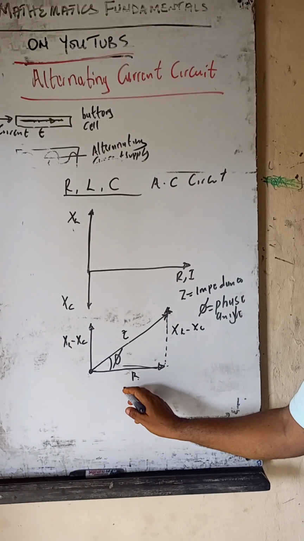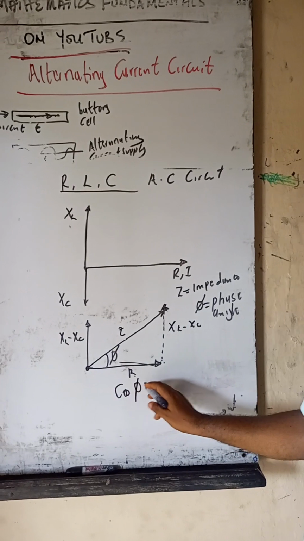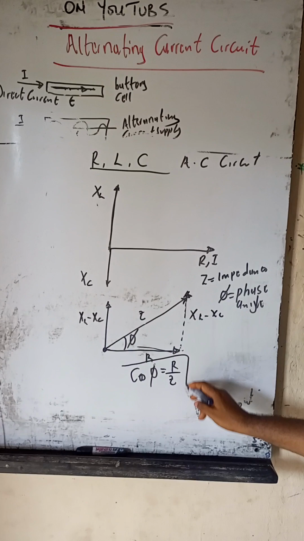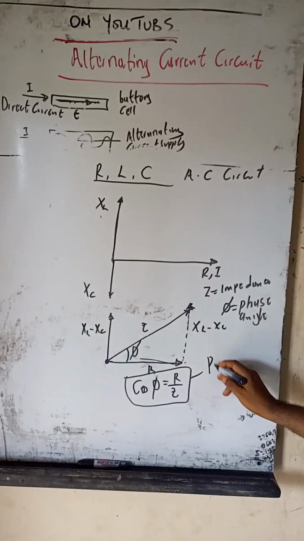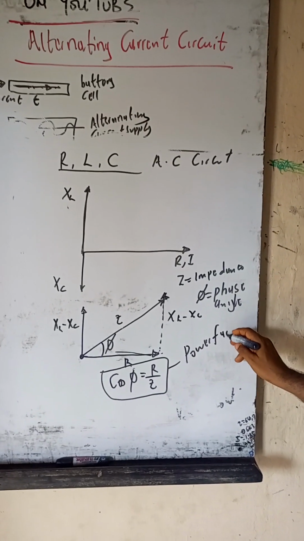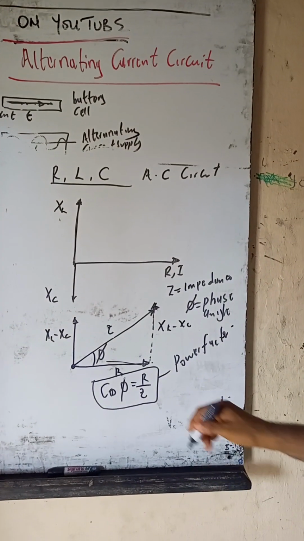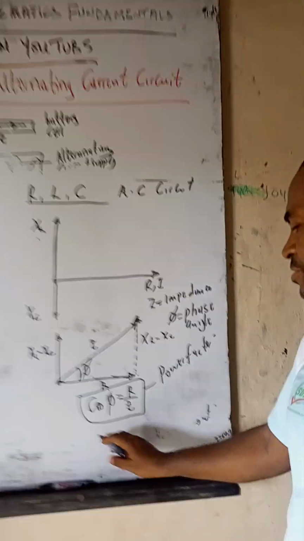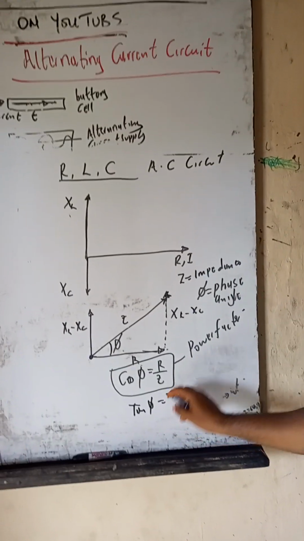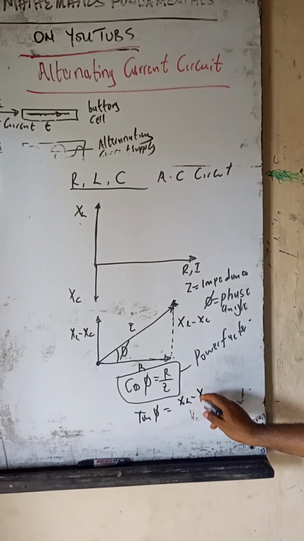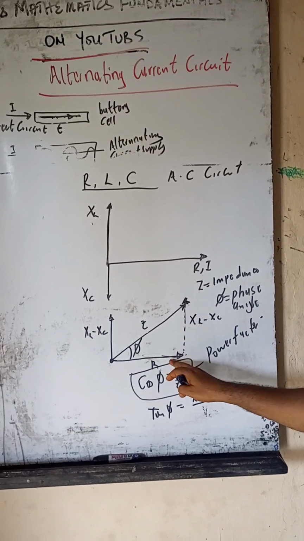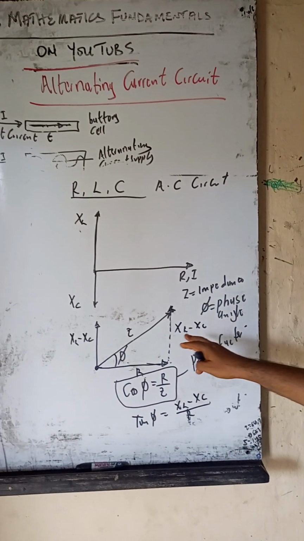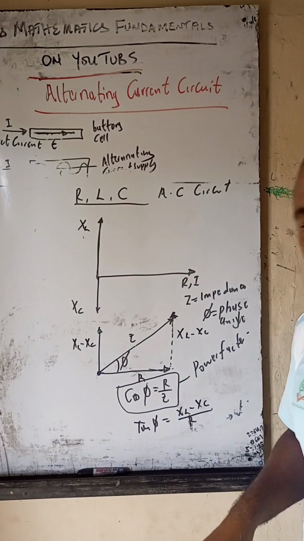Now, if you look at this phase angle, there are two things I want us to take note of. I first want to take the cos of this phase angle. That is adjacent over hypotenuse. This expression has a name, it is called power factor. Now, we can equally get the value of the phase angle using tan theta. So tan of this phase angle is opposite over adjacent, that is XL minus XC divided by R. Then another thing I want us to take note of is the Pythagoras theorem.